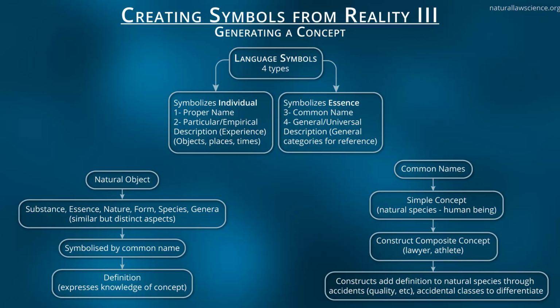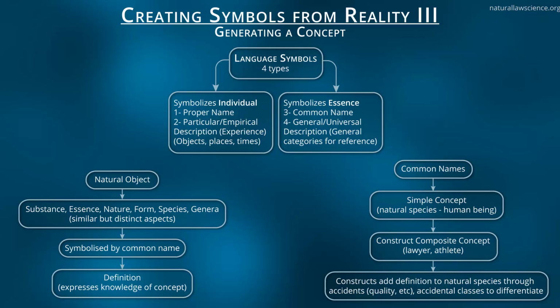So these constructs, they add definition to the natural species through the accidents, such as a specific action that you take, such as law or hockey or basketball, football. Those are accidental qualities to the natural species.